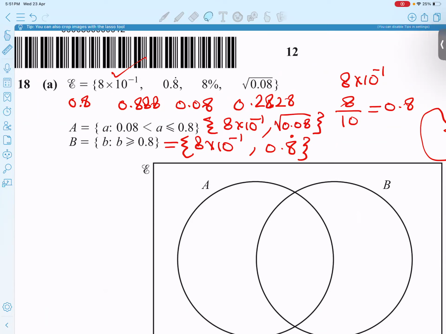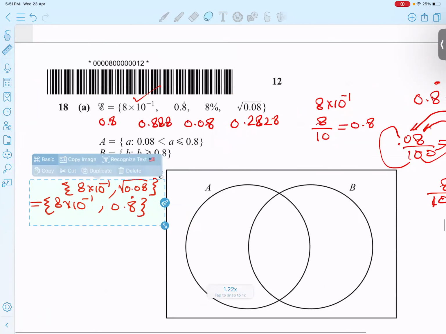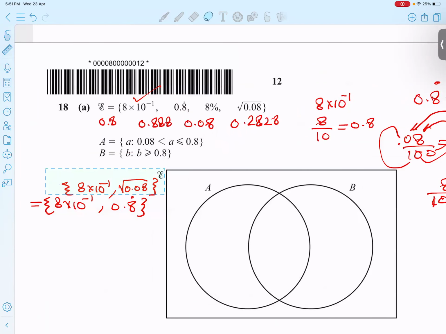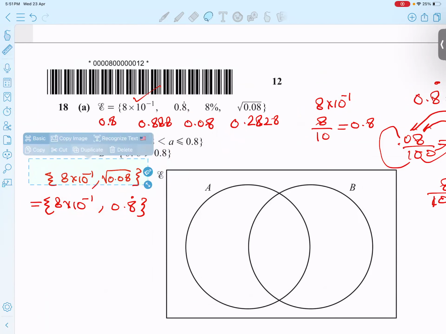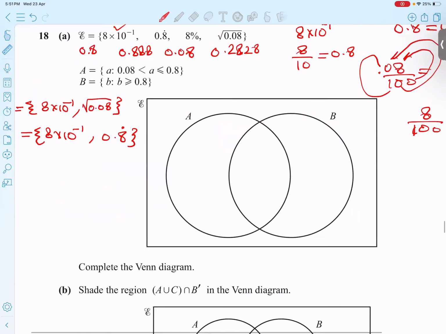Just to make it clearer, what am I doing? I'm bringing both sets below. And I am writing slightly higher because there is a lot of mix-up. This is the set of A and this is the set of B. So now, students, I have to plug in the common number between them.